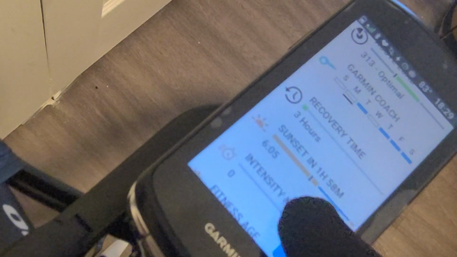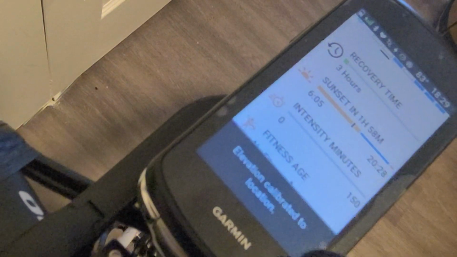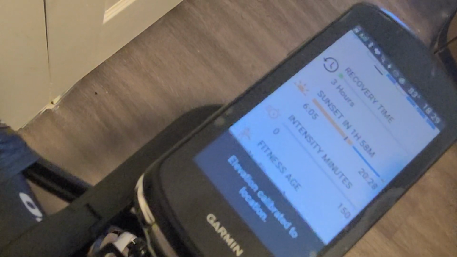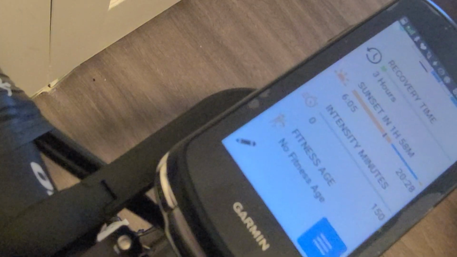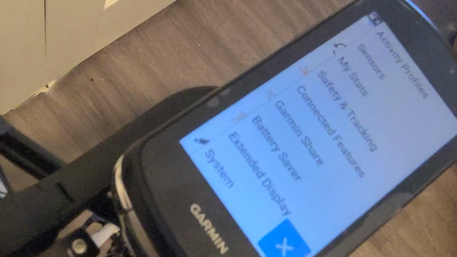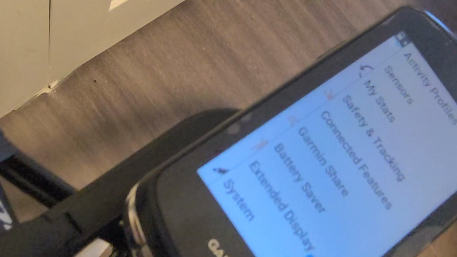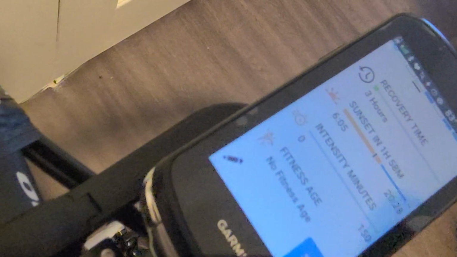A lot of this information is the same information that you find on your 1030. It's just a different presentation. I know this is very familiar to anybody that has a 1030. This little menu pop up here, these are all the same feels.